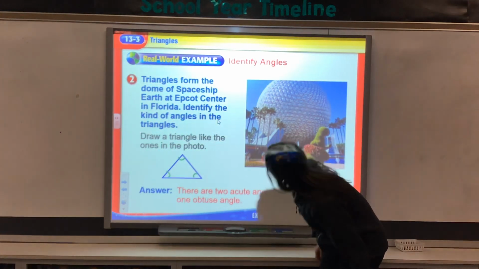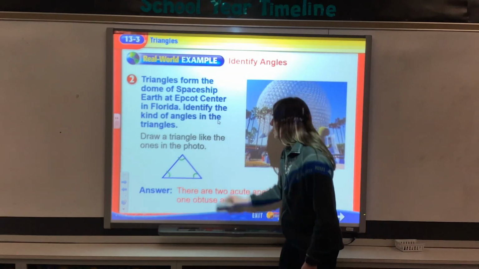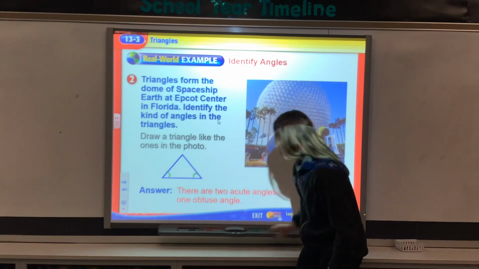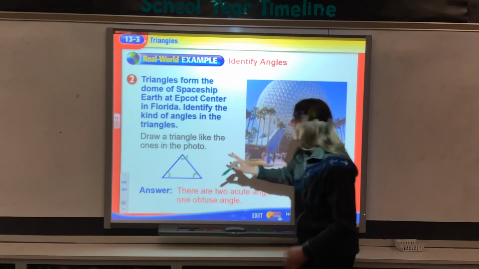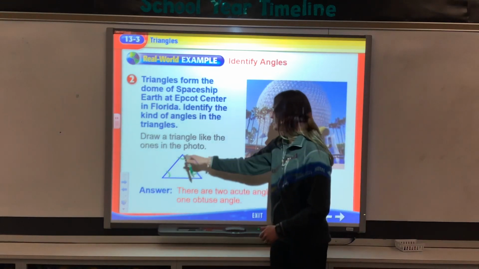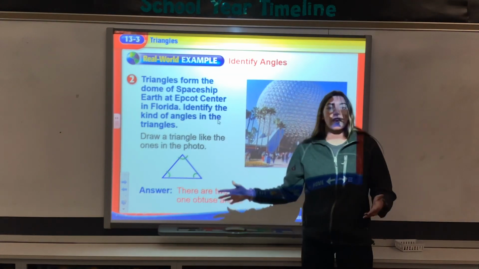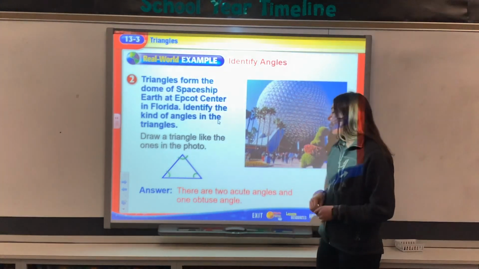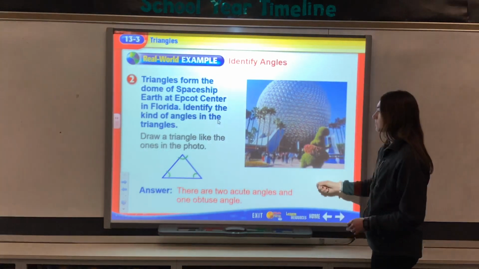It doesn't look like it, but they're counting it as obtuse. So in the triangle, they're counting the top angle here. It was kind of hard for me to tell if it was obtuse or acute, but they are saying that this one is obtuse. But we know that if a triangle has two angles that are acute and one angle that is obtuse, it is an obtuse triangle.